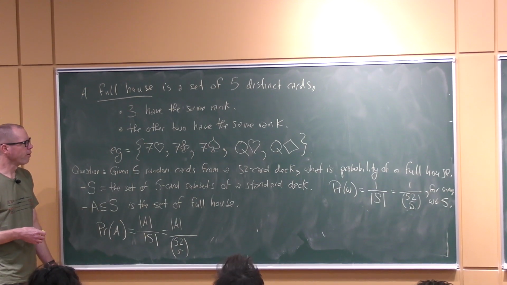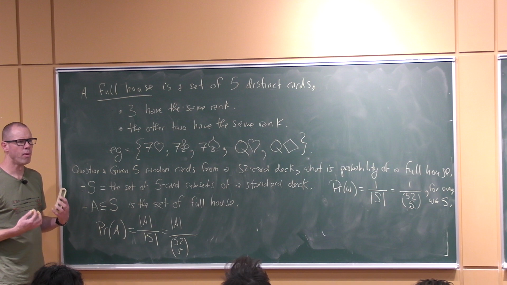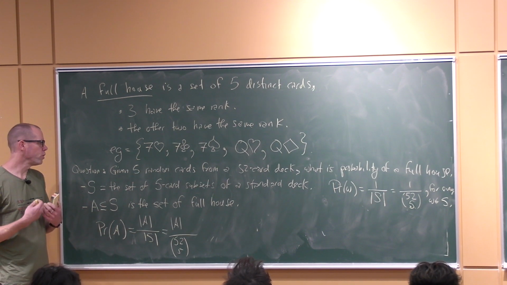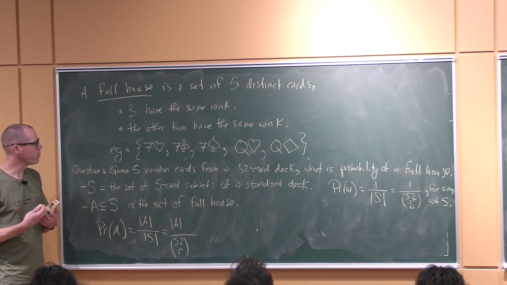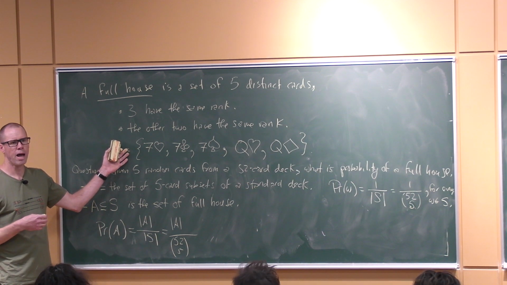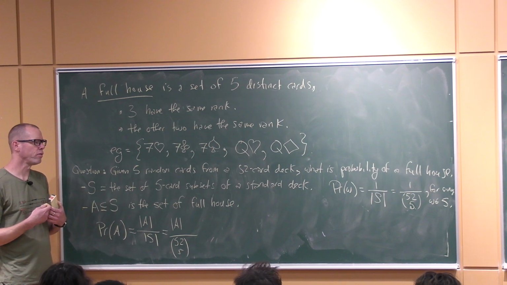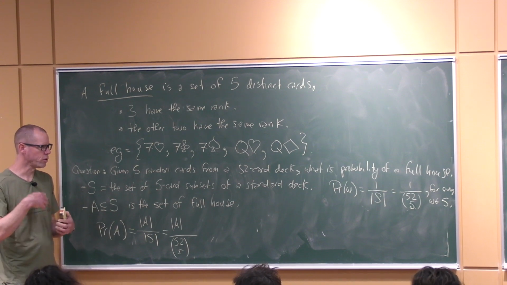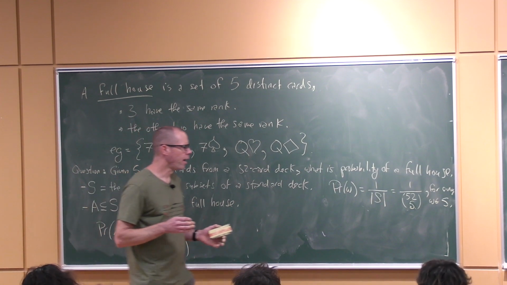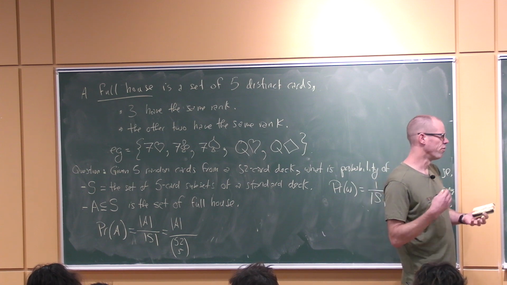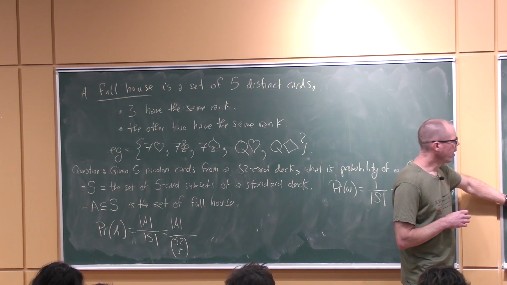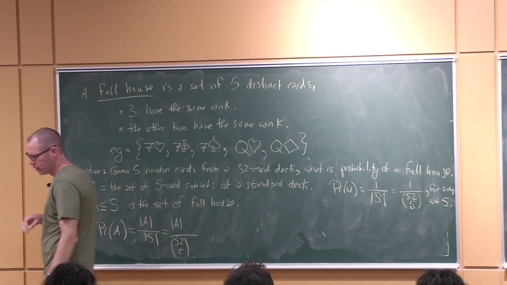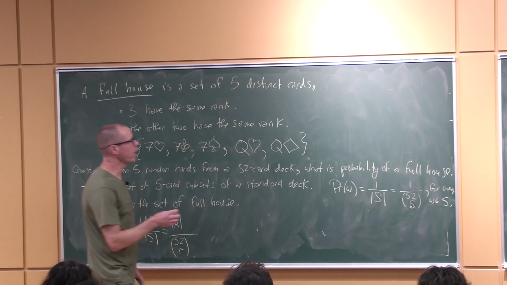But the real granddaddy, the really important one that we end up always using is the product rule, which means we should find a procedure, describe a procedure that can generate any full house such that every execution of the procedure generates a full house and 2 different executions generate different full houses and every full house can be generated by this. So how could you, if I wanted to write down a full house like this, what are the steps that I might take?